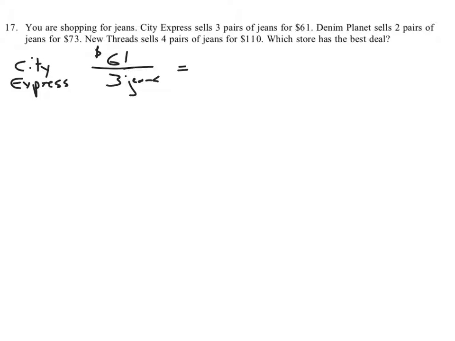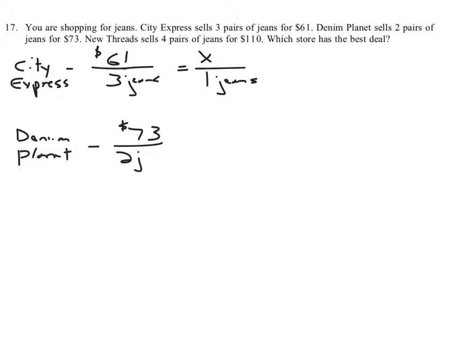And again, just like earlier, we can set this up as a unit rate to say how many dollars then is that for 1 pair of jeans. Denim Planet. With their rate, they sell 2 pairs of jeans for $73. And that's equal to how much for 1 pair of jeans?